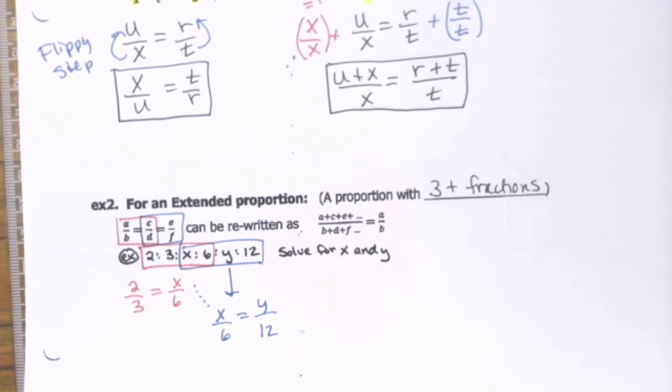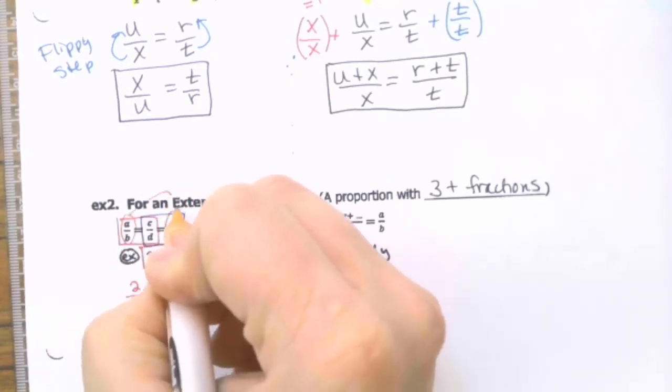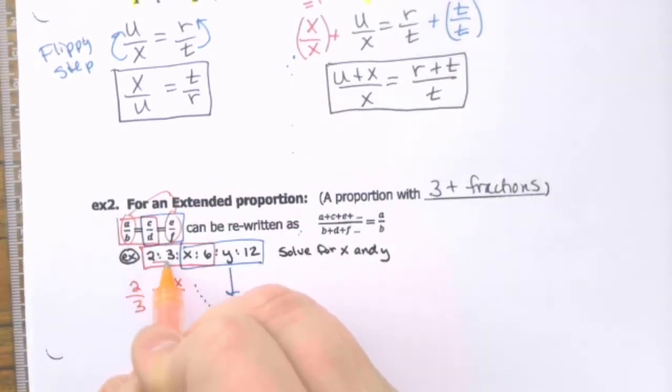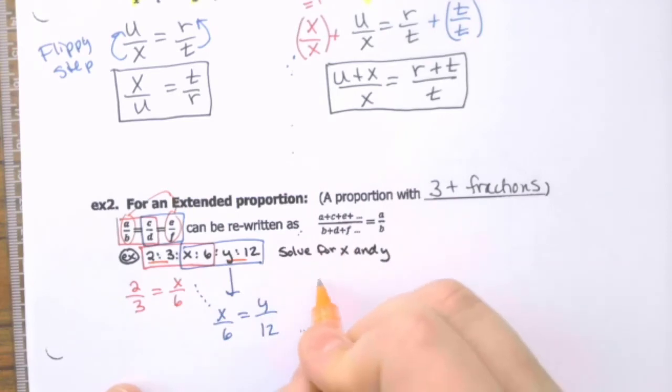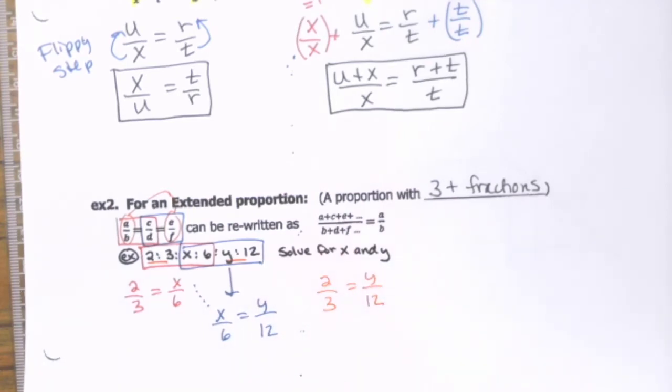And I think that would probably clear it up. Okay, the other one you could solve for y would be the first and the last. That one and that one. So you could also use those pairs. 2 over 3 equals y over 12 if you wanted to solve for y without an x.